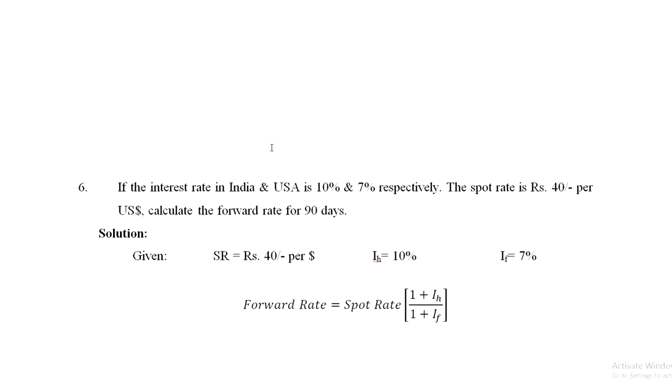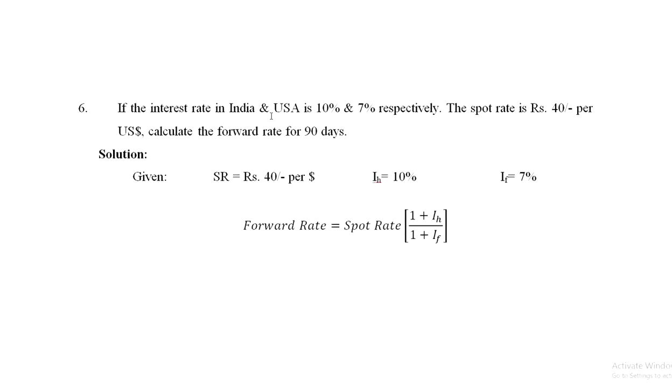Similarly, we have got one more question. If the rate of interest in India and USA is 10% and 7% respectively, in India it is 10% and in US it is 7%. The spot rate is 40 rupees per dollar, which means that rupees is the home country. India is a home country and US is a host country, and you have to calculate this for 90 days.